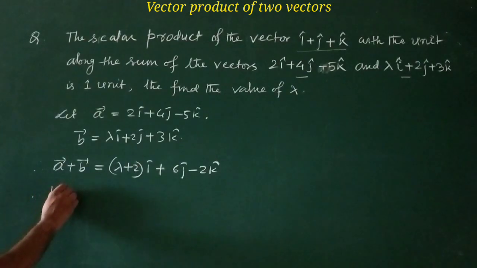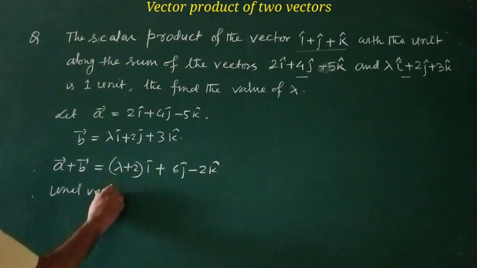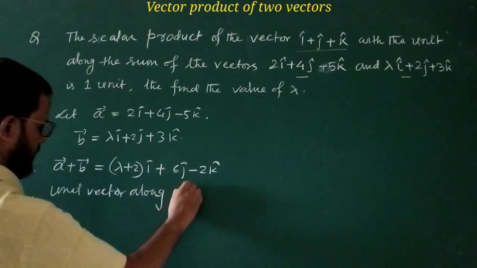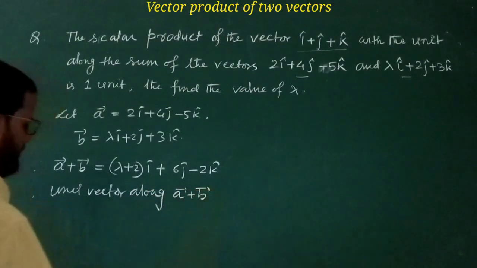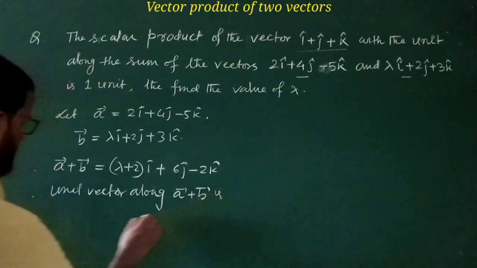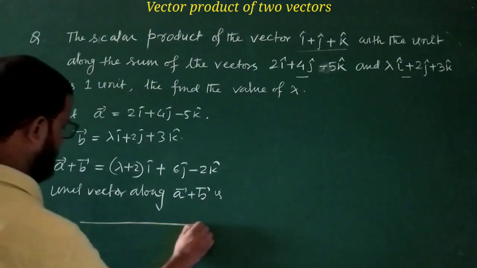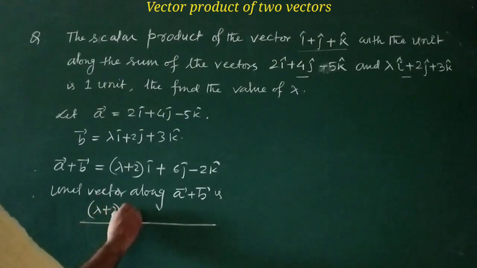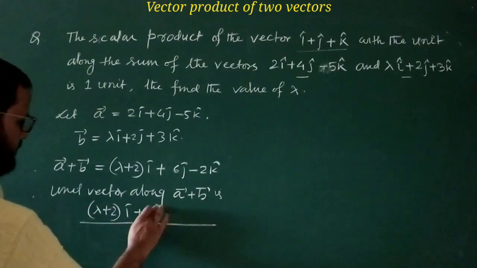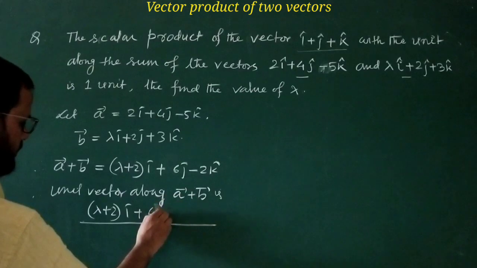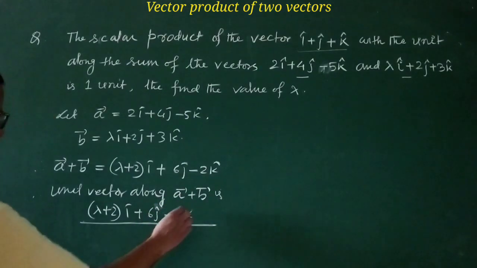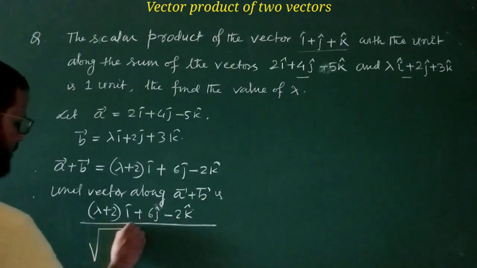Therefore, the unit vector along A vector plus B vector is क्या होगा? The vector divided by its magnitude. Vector क्या है? Lambda plus 2 I cap plus 6 j cap minus 2 k cap divided by their magnitude.